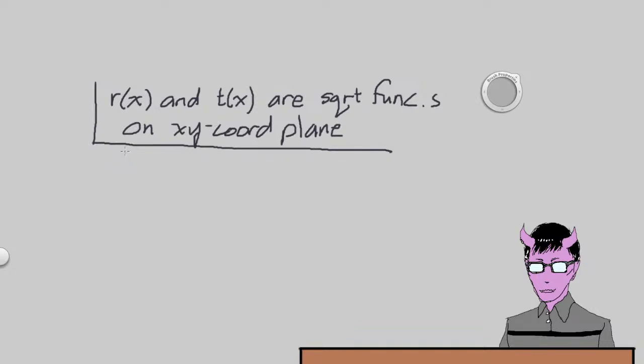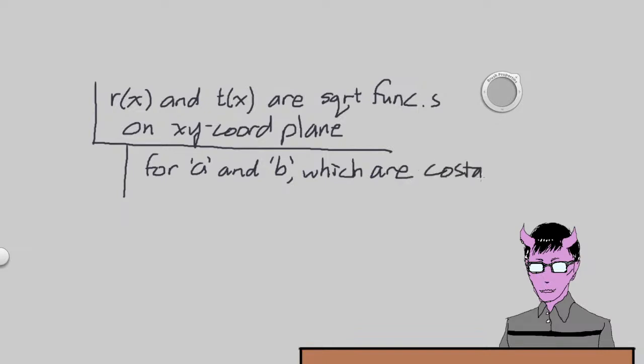Then as subconditions, we have numbers a and b, which are real numbers, constants, let's say. For a and b, which are constants, a is greater than b.